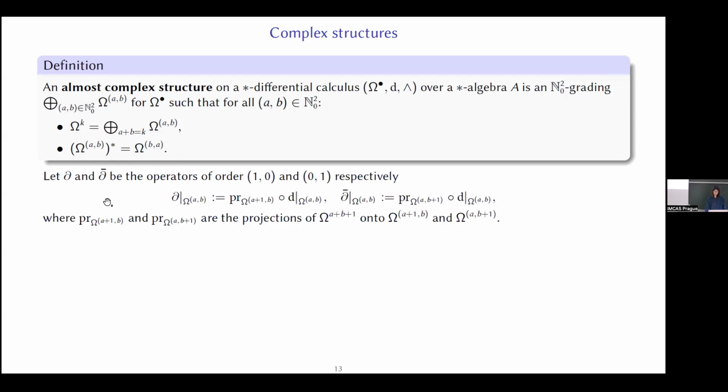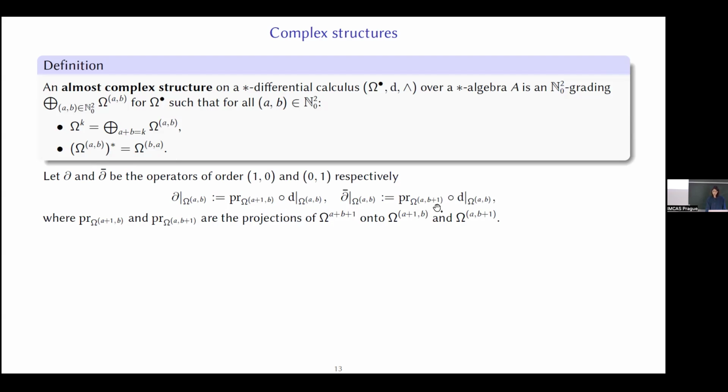So now you can consider two operators which are defined on an (a,b)-form like so. You take the total differential on it, and then, since d is a degree 1 map, you project the (a+b+1)-forms into just the (a+1,b)-forms.